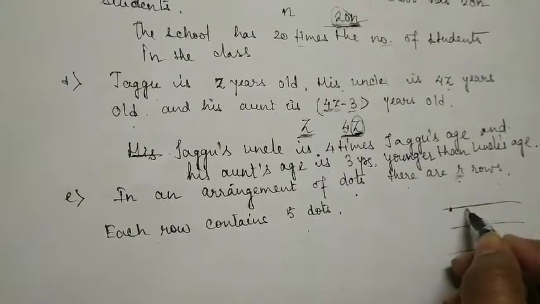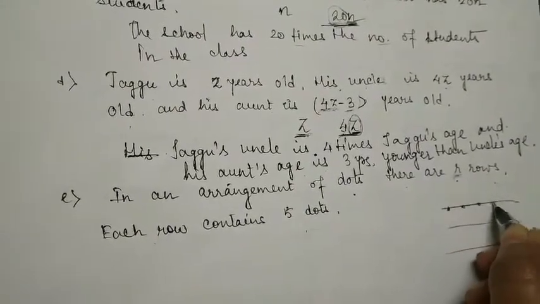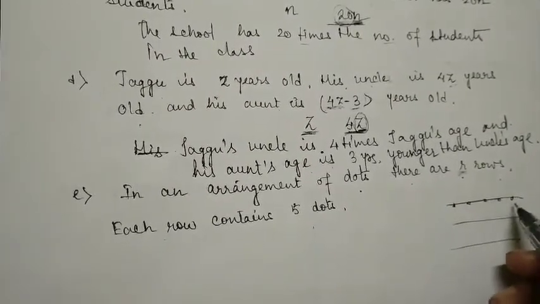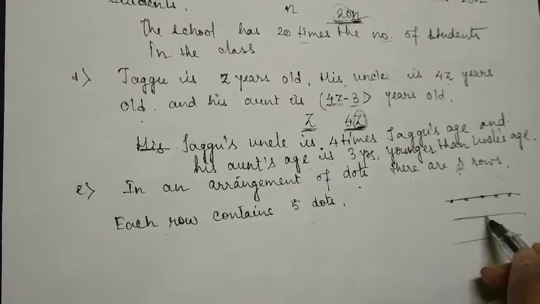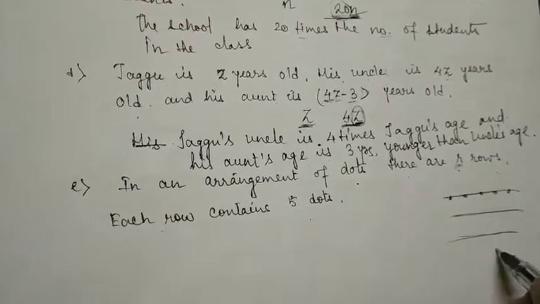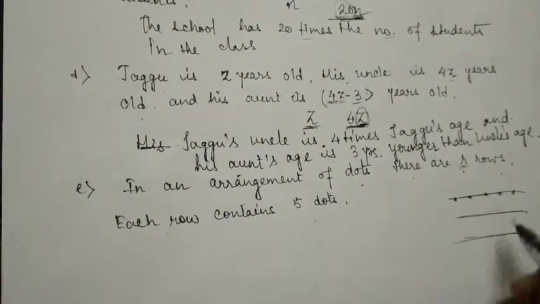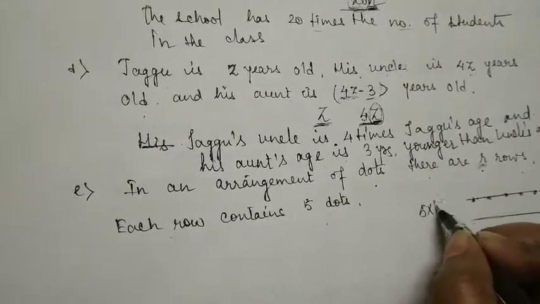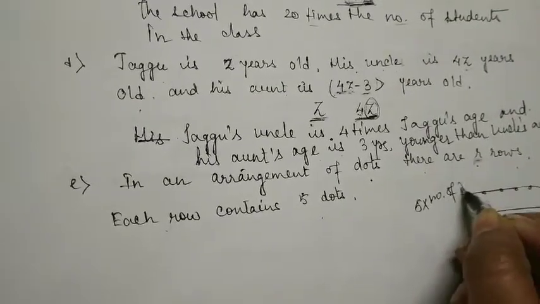Here 1, 2, 3, 4, 5 dots are there. So in this row also 5 dots, in each row 5 dots will be there. If there are r rows, then it will be 5 into the number of rows.